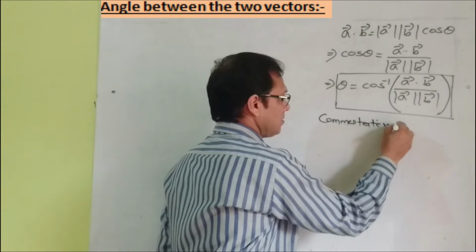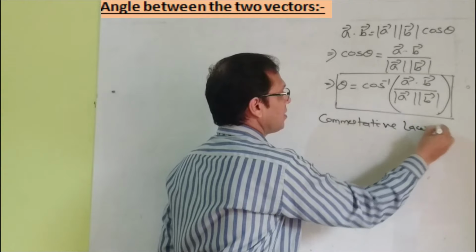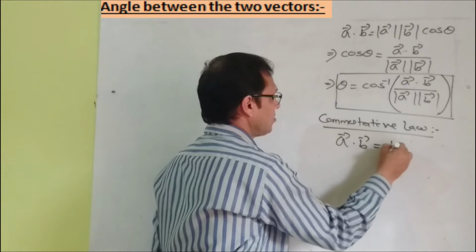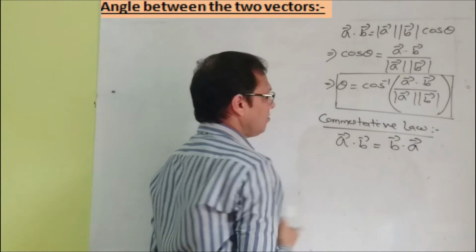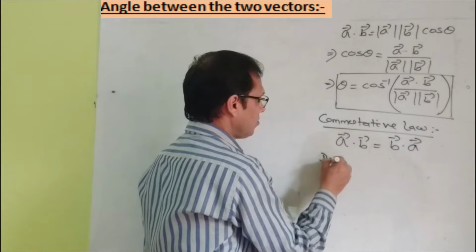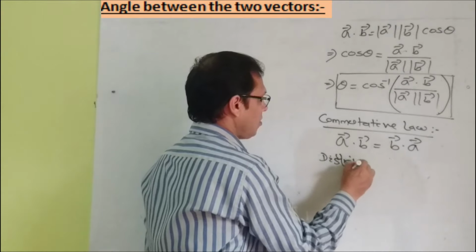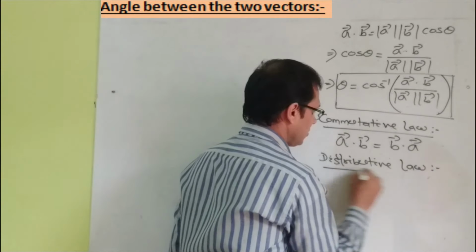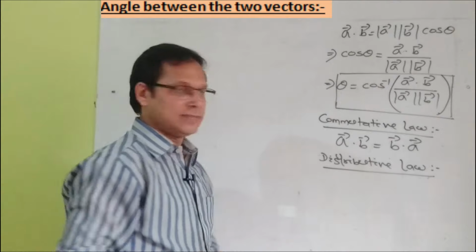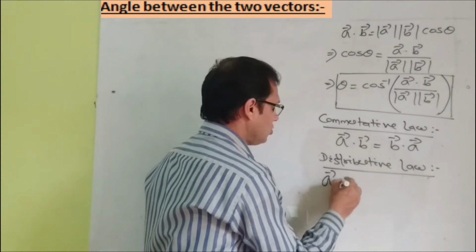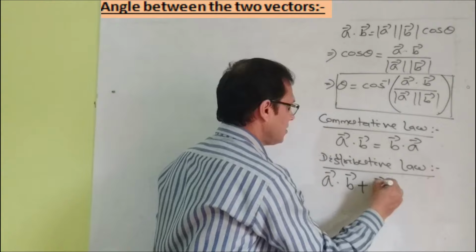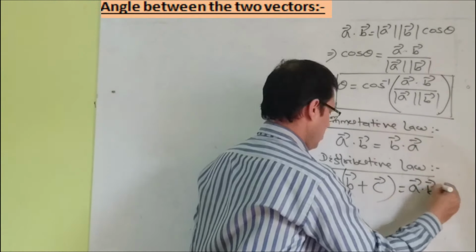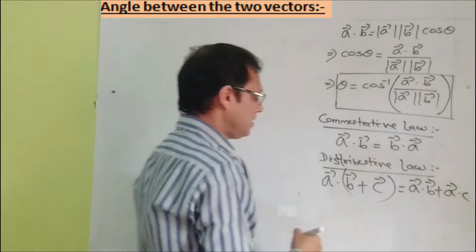Now some properties of the dot product. The commutative law holds good in case of the dot product, that is a vector dot b vector is equal to b vector dot a vector. Also the distributive law holds good in case of the dot product, that is the scalar product and vector addition. That is, a dot (b vector plus c vector) is equal to a dot b plus a dot c.